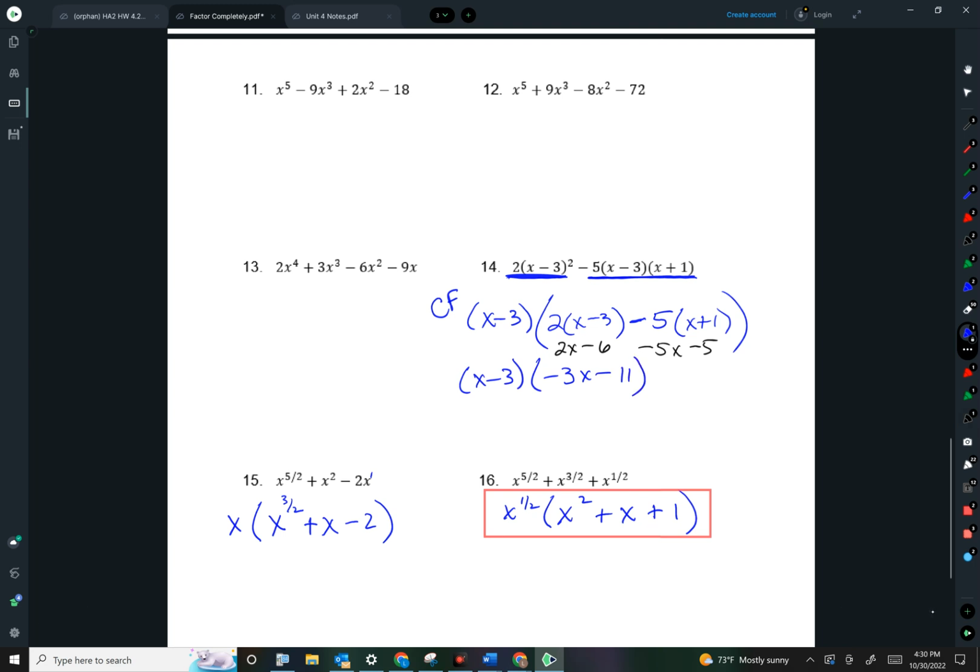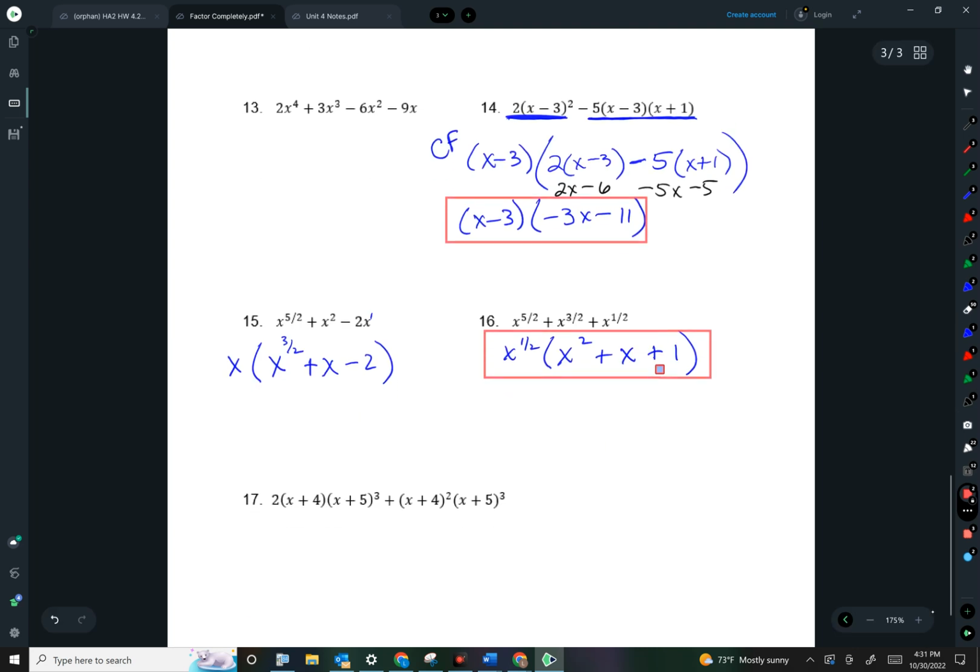So I can't factor any further. If I want, I could factor a negative out of that second parenthesis, but you can if you want to, but you don't have to. If it's just taking out a negative, I don't care if you do that or not. So what I actually have is this. So in this case, I was able to simplify it, but I wasn't able to factor it any further.